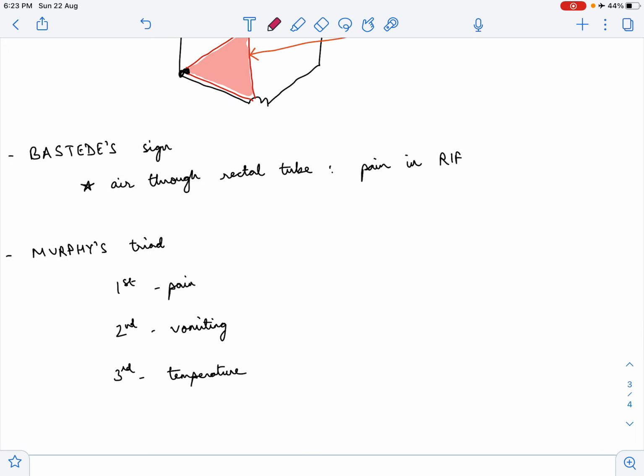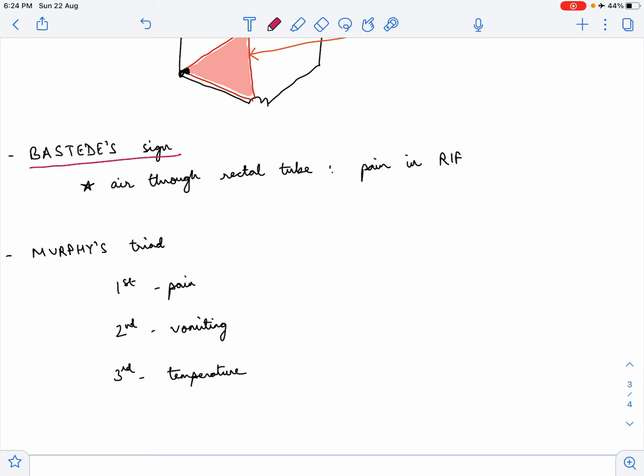Then we have another unusual, fascinating sign called the Bastedo sign. Again, the doctor who came up with this would have had a very fertile imagination. What he did was put a tube through the rectum and push air through the rectal tube. As he pushed air through the rectal tube, there was pain seen in the right iliac fossa.